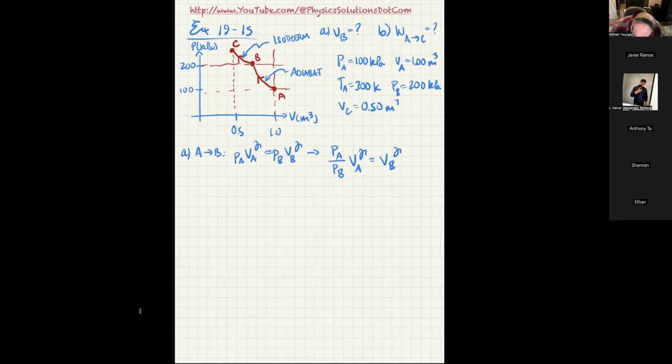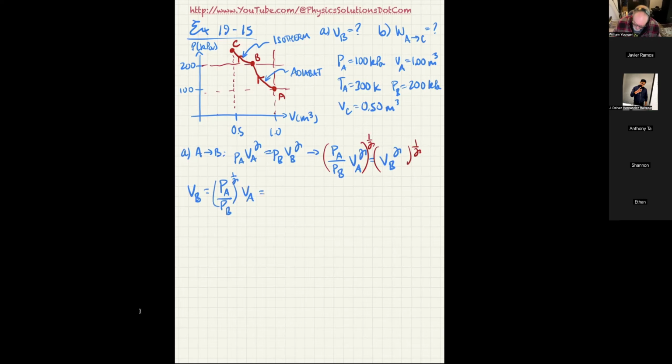Then I raise both sides to the 1 over gamma power, and that gives me VB equal to PA over PB to the 1 over gamma times just plain VA.